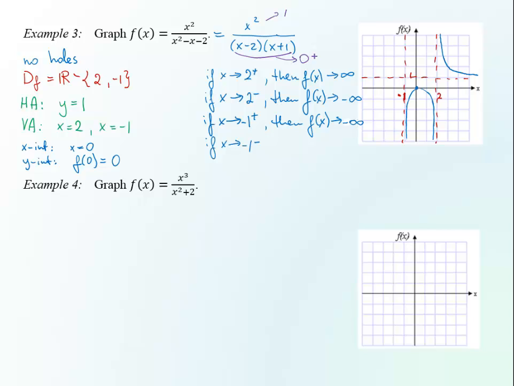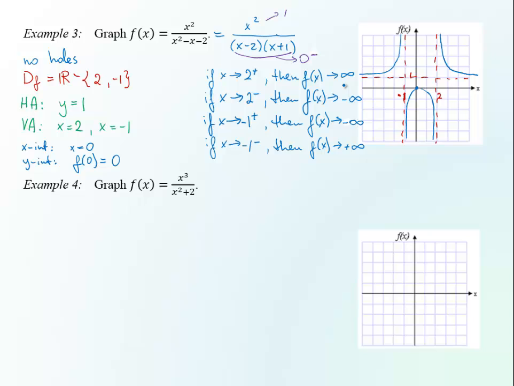Okay, so the denominator goes to 0 from the positive side, and overall the function is approaching positive infinity. Therefore the graph in the section below -1 of the domain is in the top corner, not in the bottom. So the graph approaches positive infinity and it goes somehow like this.